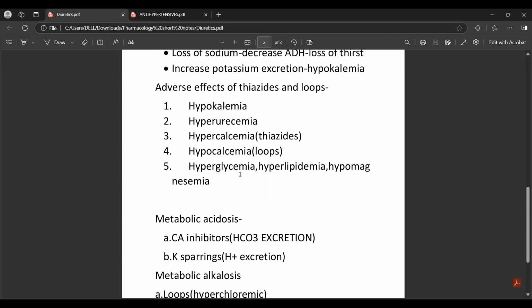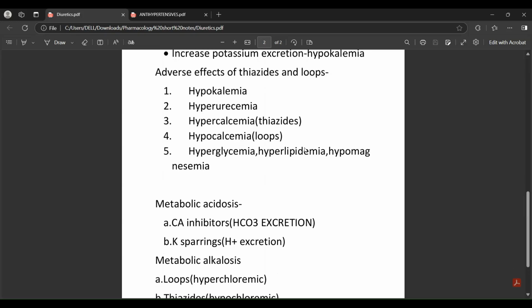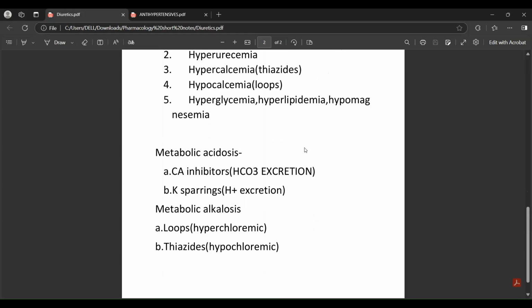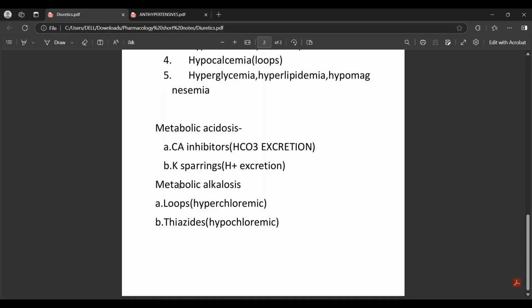Why hyperglycemia? We talked about it: thiazides inhibit secretion of insulin from beta cells of the islets of Langerhans in the pancreas, and also they inhibit utilization of glucose in peripheral tissues. And also there are metabolic acidosis and metabolic alkalosis.